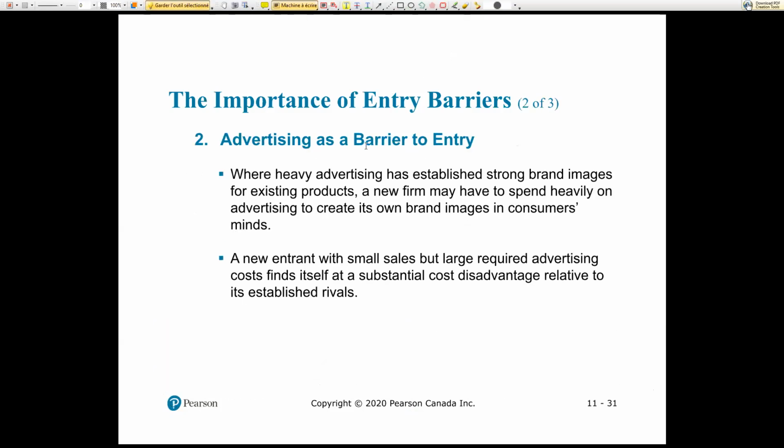Another way of having a barrier to entry to limit competition is to have heavy advertising. So in that case, since everybody knows something, it sort of makes it the go-to brand. So it's very hard for new brands to get known if everybody knows the incumbent.